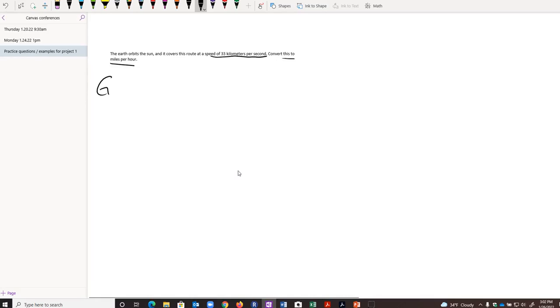So again, when you start these problems, list what you're given. We're given a speed again, in this case 33 kilometers per second, and what we need is to convert the speed into miles per hour.